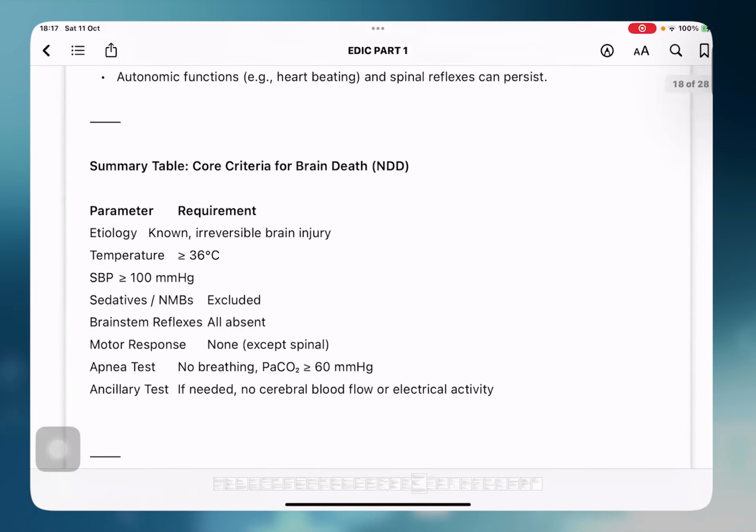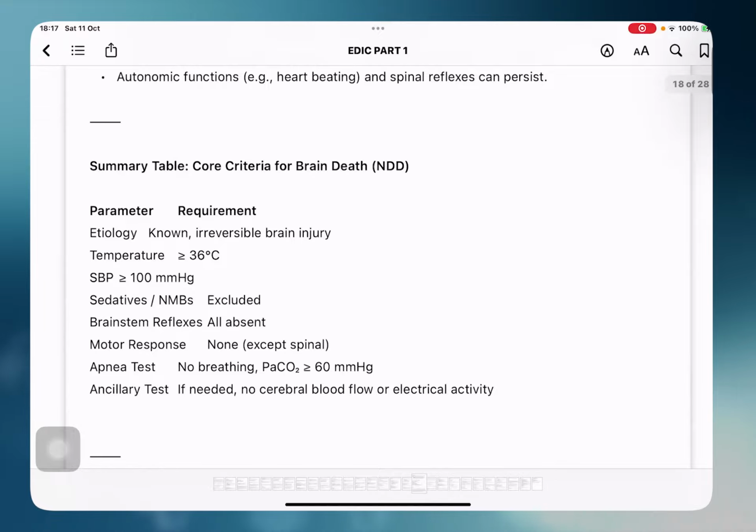Core criteria for brain death: temperature should be more than 36. The etiology should be known. It should be an irreversible brain injury. Systolic BP should be more than 100. Sedative and neuromuscular blockade should be excluded. Brainstem reflexes should be absent. There should be no motor response except a spinal reflex.